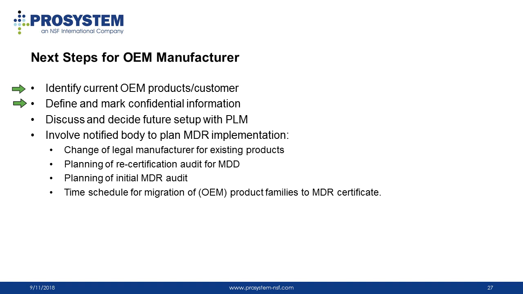Then you should define your confidential information and decide what kind of information you want to disclose to the PLM and what kind of information you don't want to disclose.